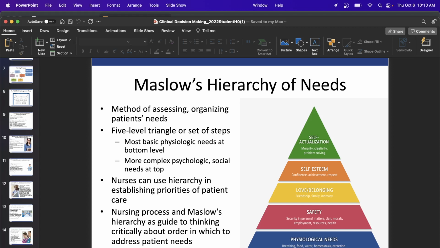Okay, we also determine, in terms of setting priorities, what is a low priority. This is a problem that can be solved easily with minimal intervention and doesn't cause significant dysfunction. And this is a fluid process, because patient status changes all the time. An example of a low priority might be your patient asks you to get them a snack. Clearly something you can delegate, right?